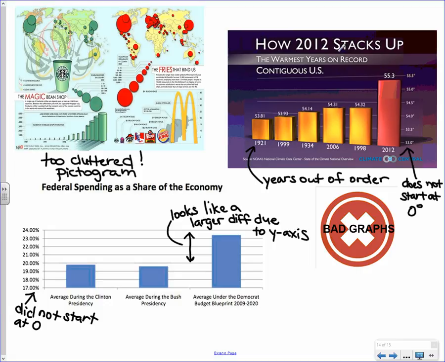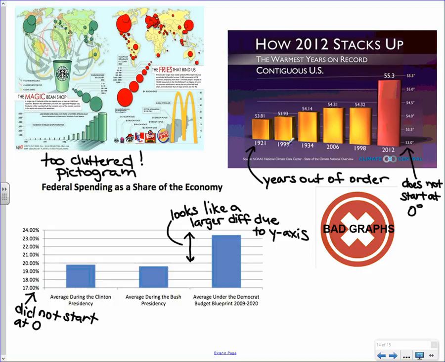And then here, how 2012 stacks up, they're talking about the warmest years on record, so possibly trying to talk to global warming or something like that. And so it looks like, just when we're looking at it, that wow, temperatures are really increasing. But then you notice that this is 1921, then we go to 1999, now we're back to 1934, and then we're back to 2006, but then back to 1998.